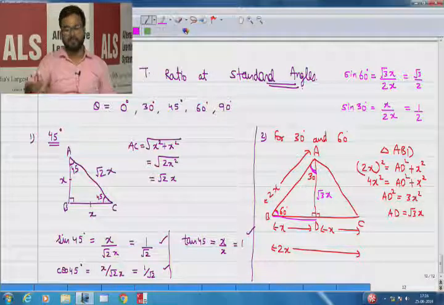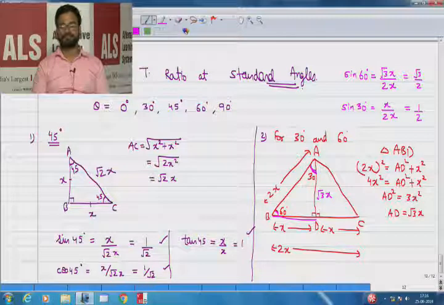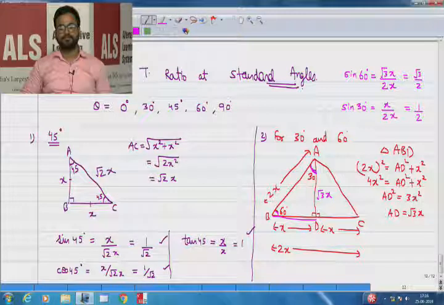Write down in your notebook this complete derivation. Note it down. And let me know whether you are getting this method or not.